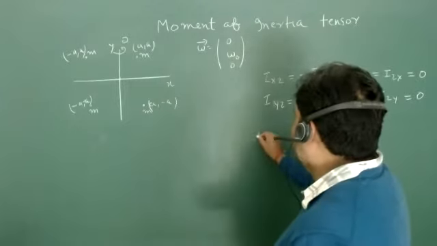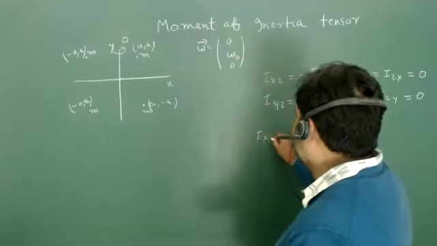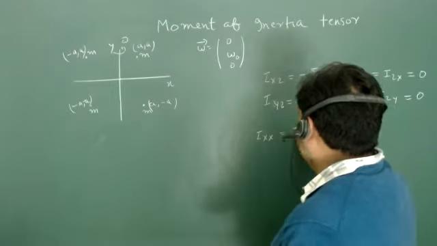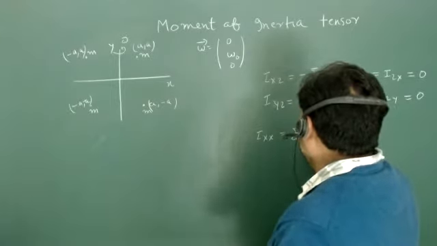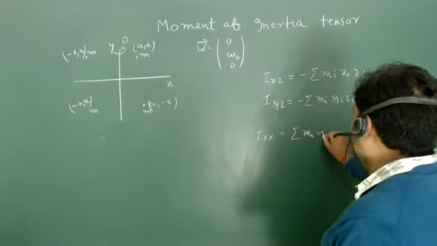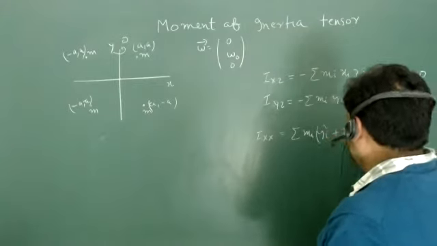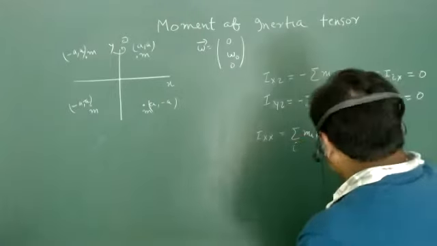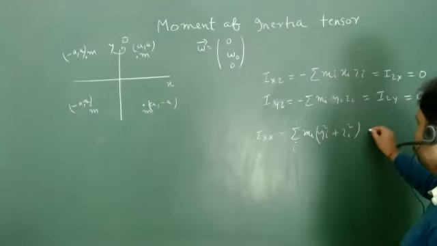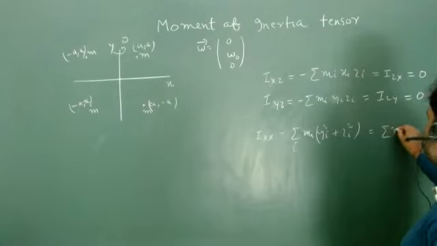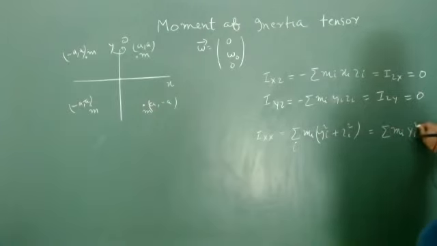So let's try to calculate Ixx. That is nothing but summation over i of mi (yi square plus zi square). For every mass, zi square is 0, so you have summation over mi yi square.